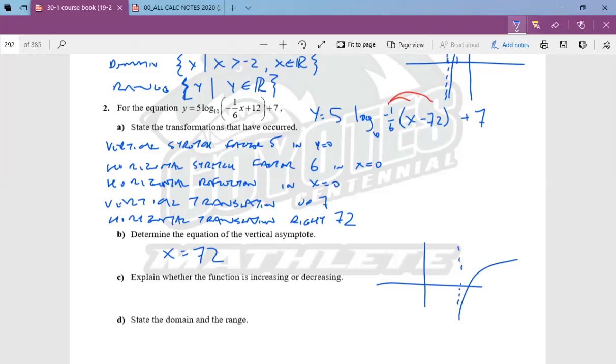So it's no longer going to look like that. It's actually going to be like this.